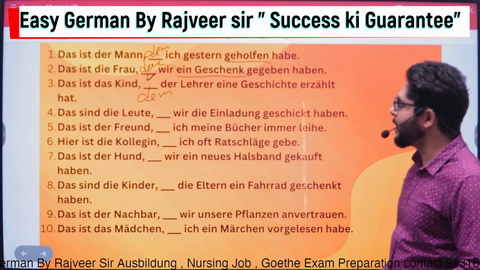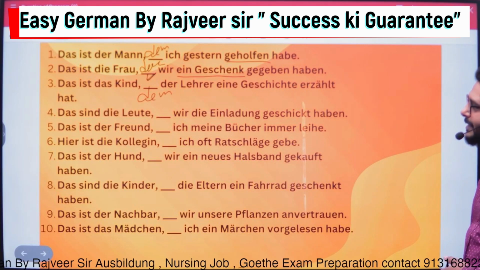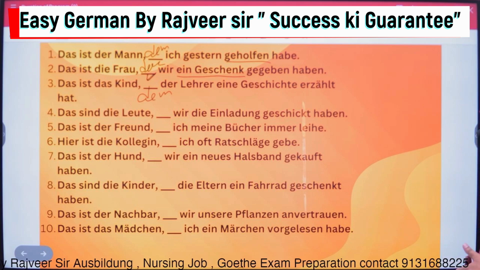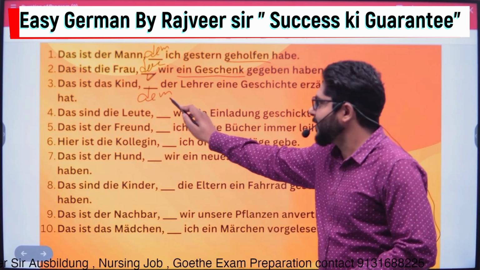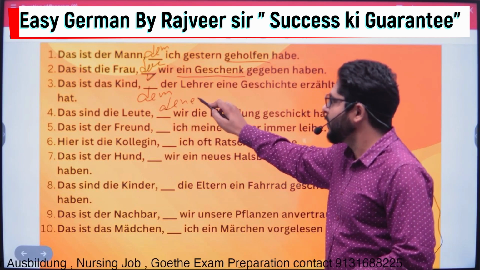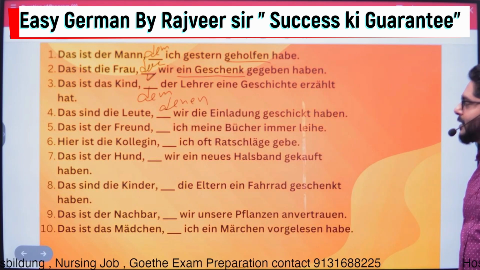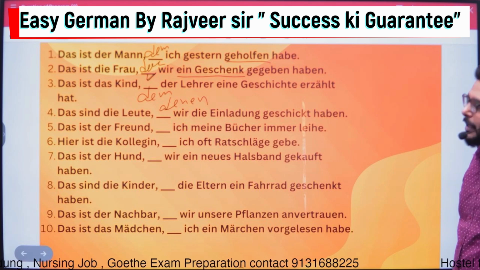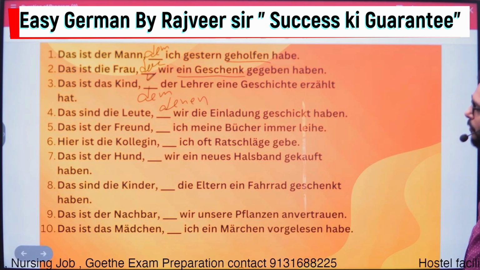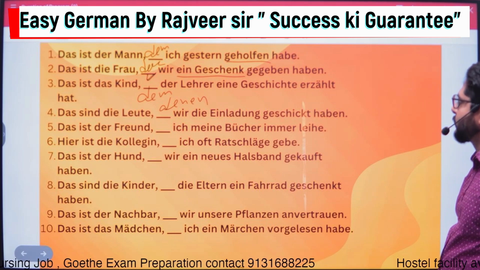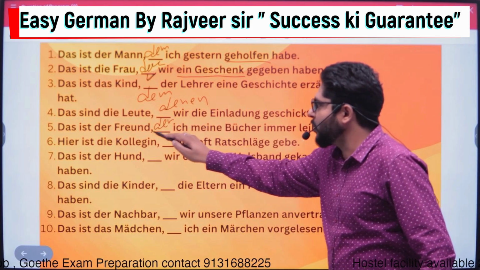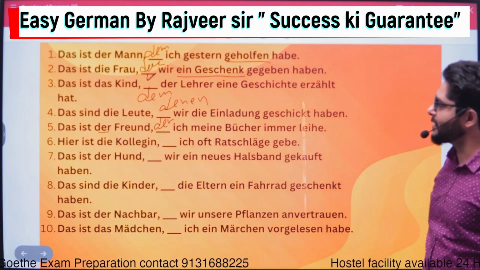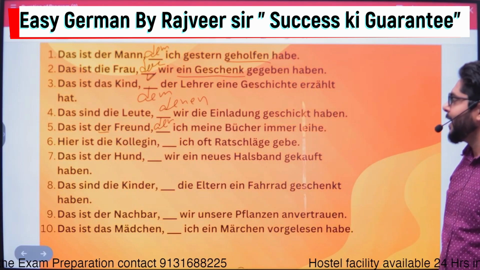So das ist das Kind, dem der Lehrer eine Geschichte erzählt hat. Past. Next one, das sind die Leute, denen. So das sind die Leute, denen wir die Einladung geschickt haben. Next one, das ist der Freund, dem. Why dem? Because friend is masculine. So das ist der Freund, dem ich meine Bücher immer leihe.